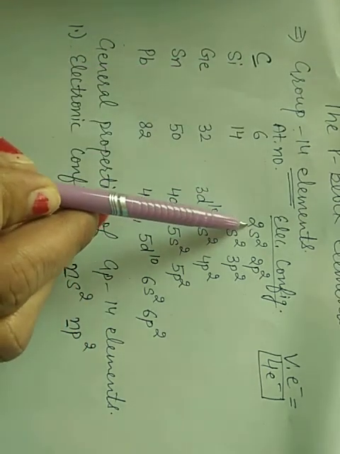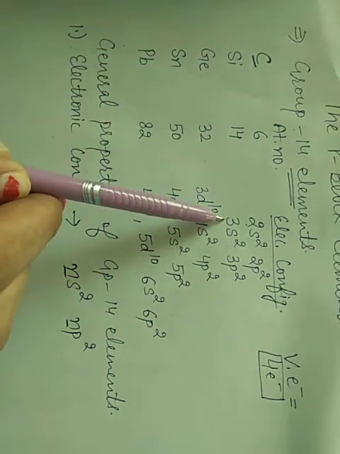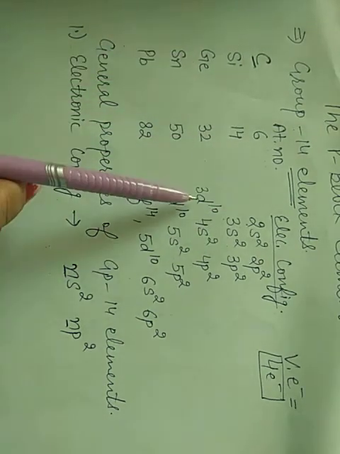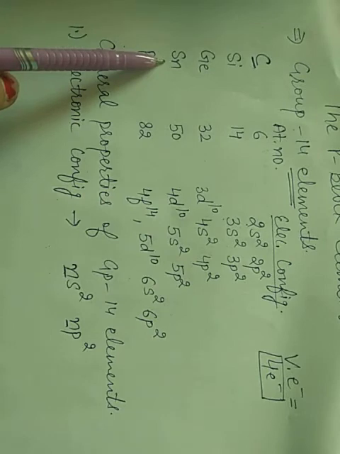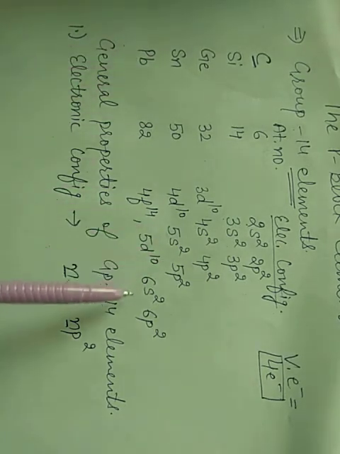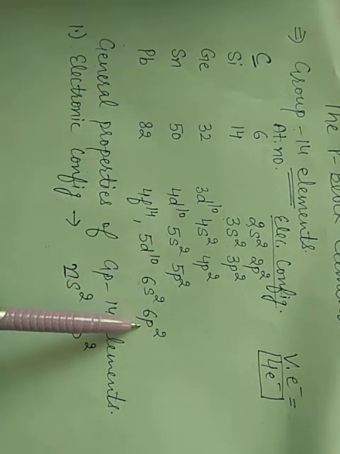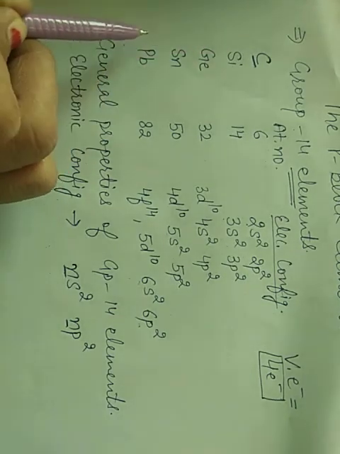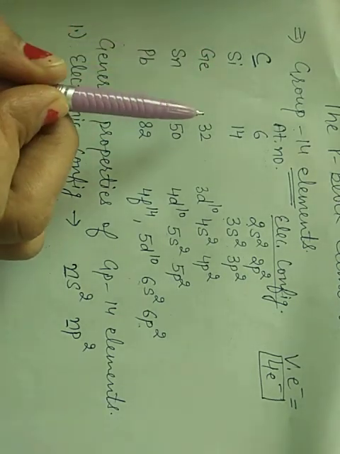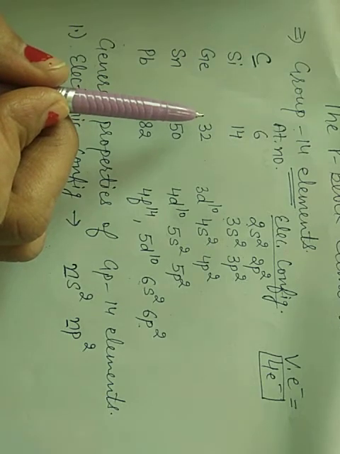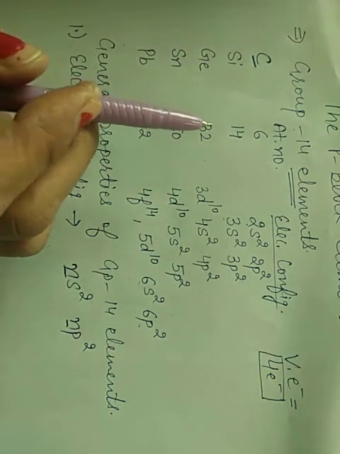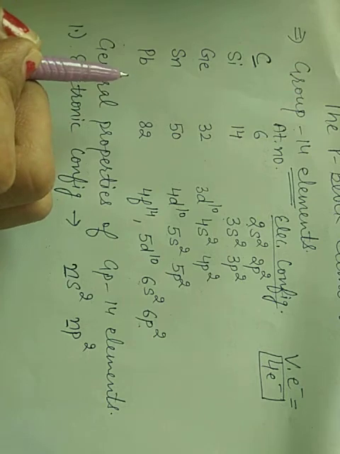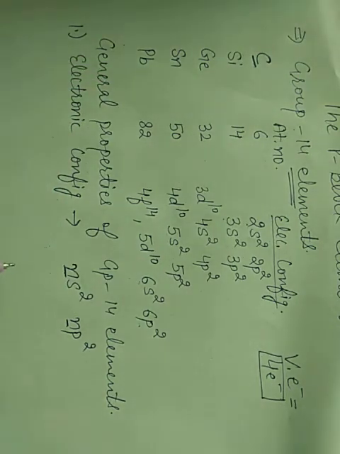In case of carbon it is 2, silicon has 3 shells, germanium 4 shells, tin 5 shells and lead is 6 shells. Now these elements differ in their inner core, so the chemistry is more complex as compared to s-block elements.